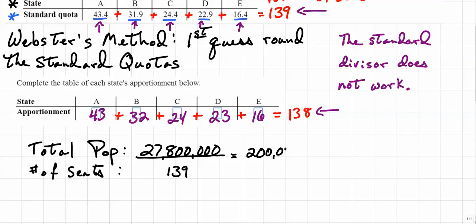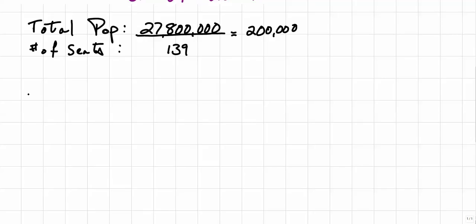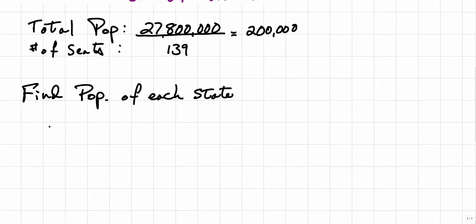And since 200,000 is not going to work for this, we need to either increase it or decrease it. But before we do that, let's find the population of each state. We'll do that by multiplying the standard quota for each state by the standard divisor.